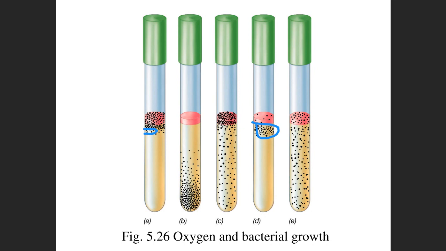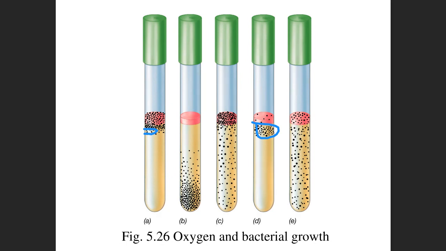And then if you look at the C and the E, if you notice the difference, the E has a similar cell colony density all throughout, versus here you have more colonies on the top. That should tell you that this bacteria can grow in the presence of oxygen and in the absence of oxygen.